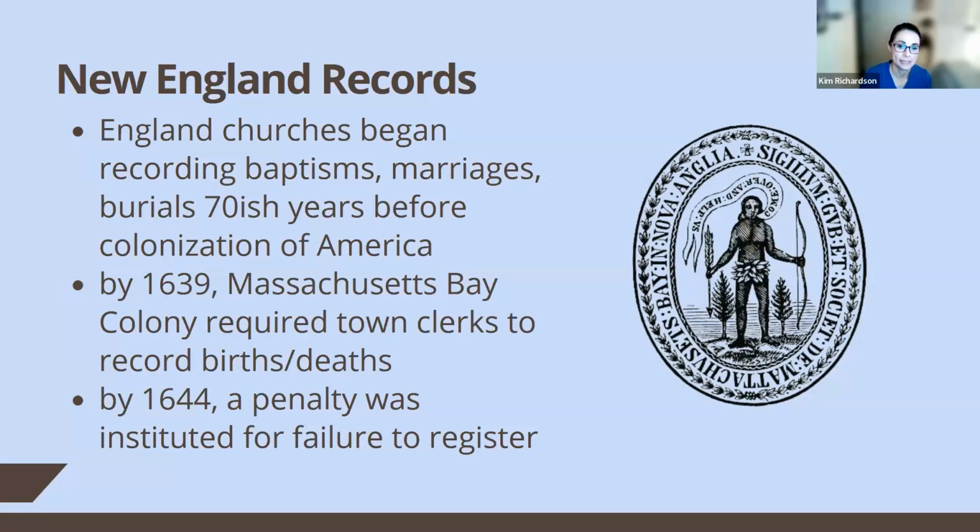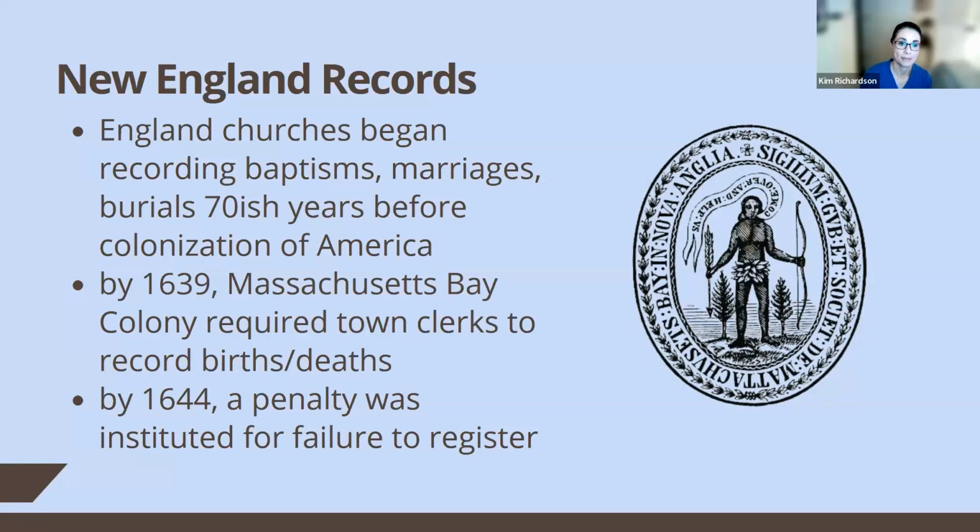That means that those records here were started much earlier than they would have been if that was a foreign concept to them. So, for example, in the Massachusetts Bay Colony, I learned that they started requiring town clerks to record the births and deaths by 1639. And it was important to them.